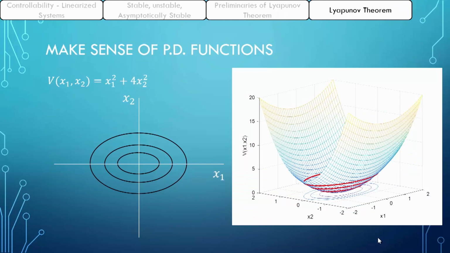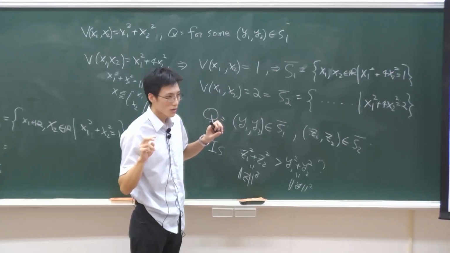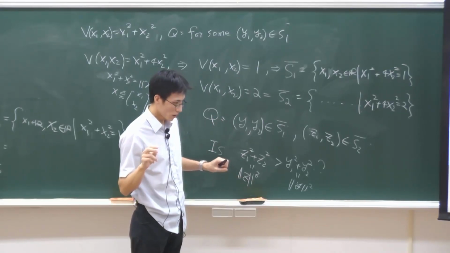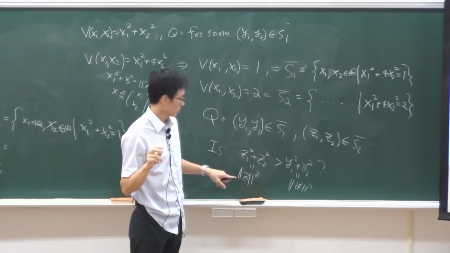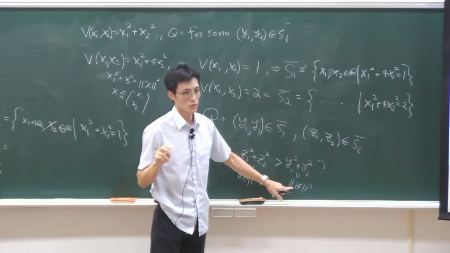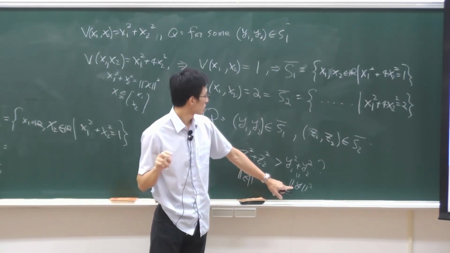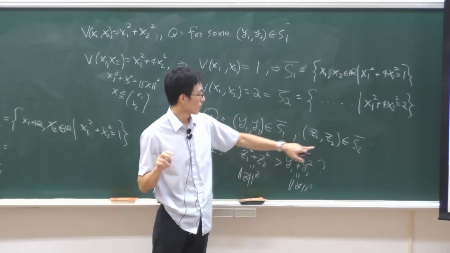Understand? You have any point on this level surface and any point on that level surface, S1 and S2. Is the straight-line distance of any point to the origin always greater than the distance of any point on the other orbit to the origin? So this is the distance to the origin. Given that y is in the level set of S1, z is in the level set of S2.